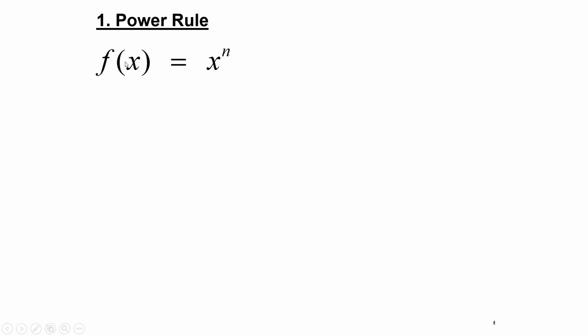Now if you have a function f of x is equal to x power n, this is in general form. So we are going to talk about the general way of differentiating a function using power rule. This is how it's going to be. We'll have f dash of x, that means the differential of f of x, that will be equal to the power coming in front.